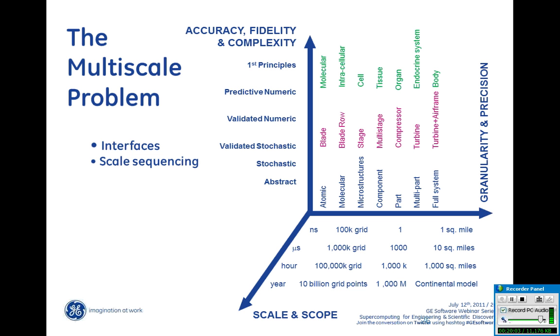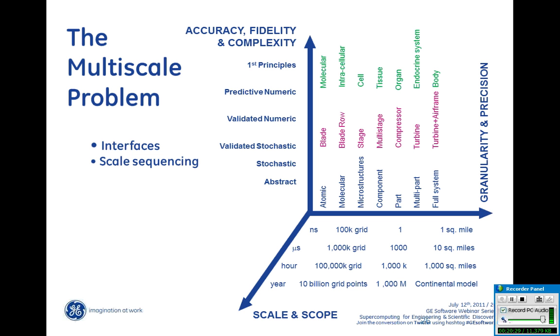Or in biology, think about doing simulation at the molecular level, and then inside a cell, then an entire cell, then multiple cells forming a tissue, and the tissues being part of an organ up through the body. And it's really the interfaces and understanding how something at one level interacts with something at the next higher level that produces an effect that's meaningful to your simulation.